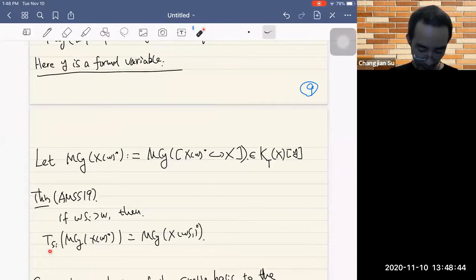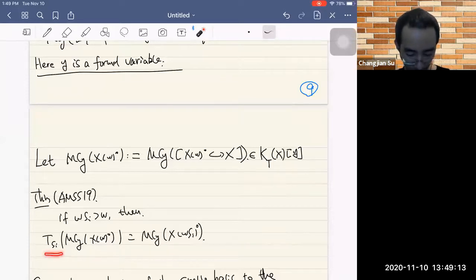If we start with some simple reflection s_i, and if w s_i is bigger than w under the Bruhat order, then the action just changes one Schubert cell to the other Schubert cell. So this is the case when w s_i is bigger than w. We can use the quadratic relation to get the formula when w s_i is smaller than w.